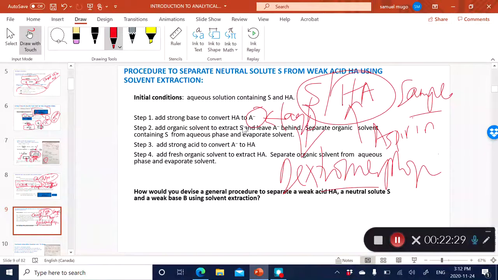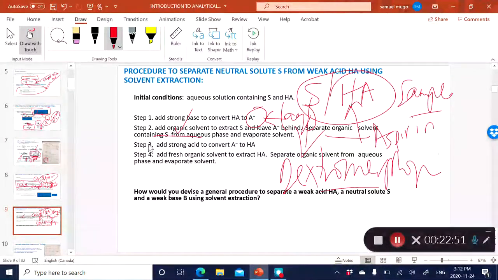So it wouldn't be able to be extracted to the organic phase. And so step 2, I would add an organic solvent so that now I can extract the S, leaving the A minus behind in the aqueous solvent. And so now I've got my organic solvent that has already extracted the S. So that one is already complete.